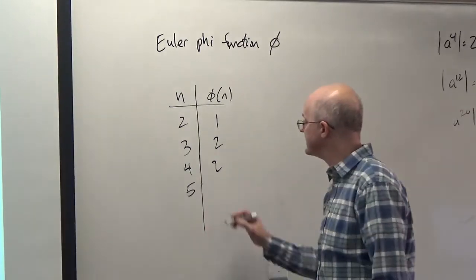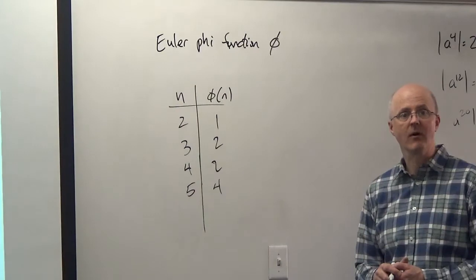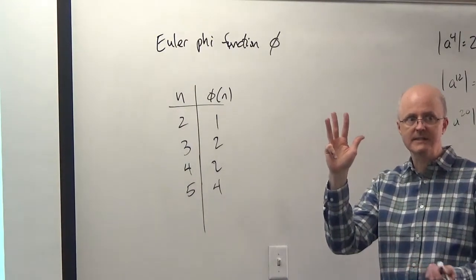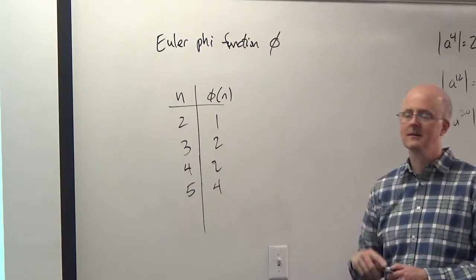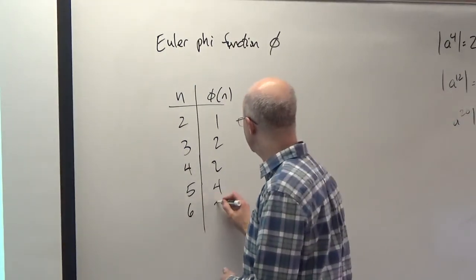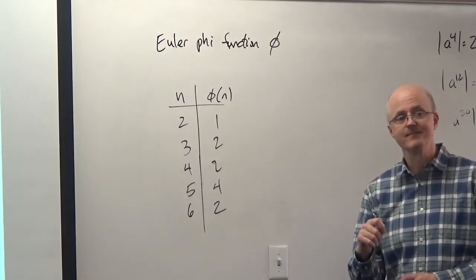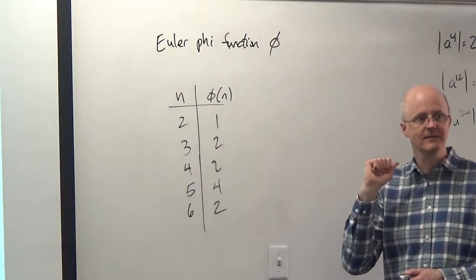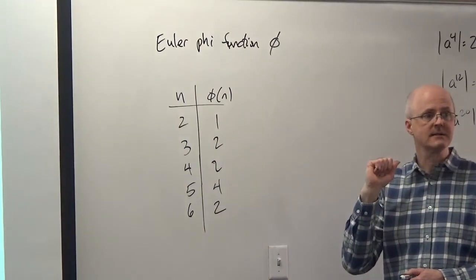Phi of a prime is always 1 less than the prime. Phi of 5 is 4. 1, 2, 3, 4 are all relatively prime to 5 because 5 is a prime. 6 has 2 positive integers less than 6 that are relatively prime to 6. 1 and 5, right? 2, 3, and 4 all are not relatively prime to 6.